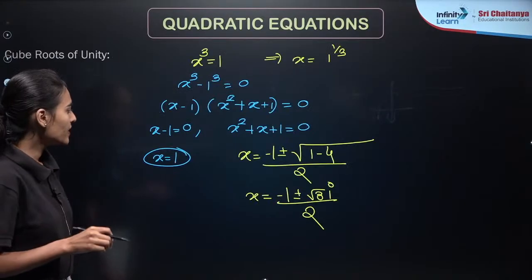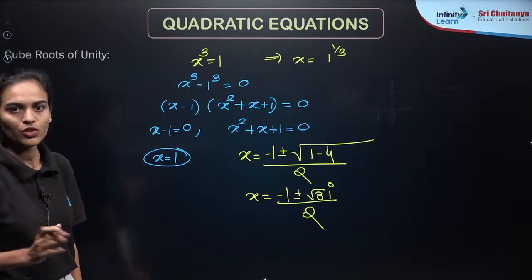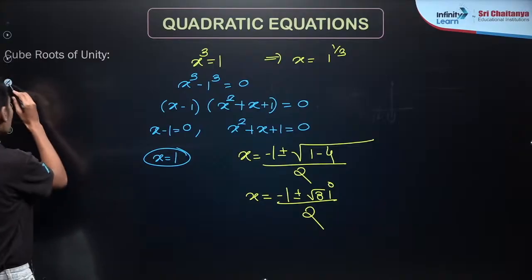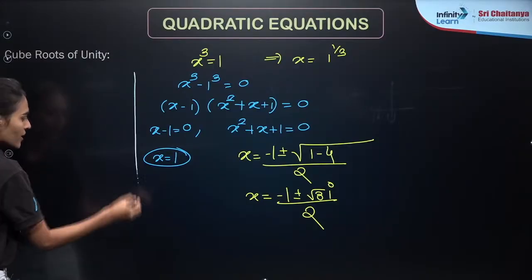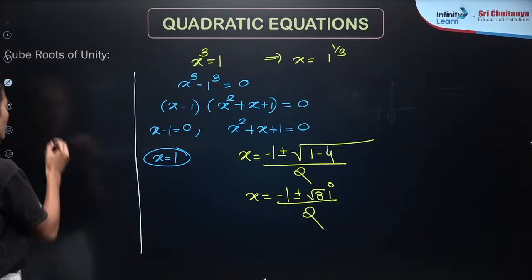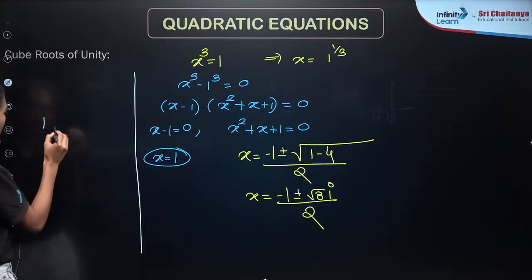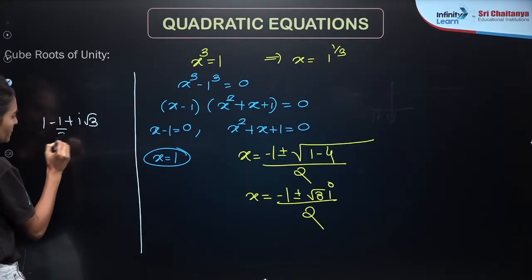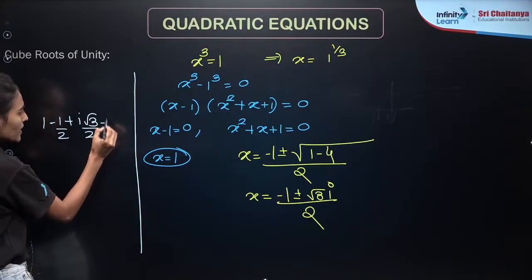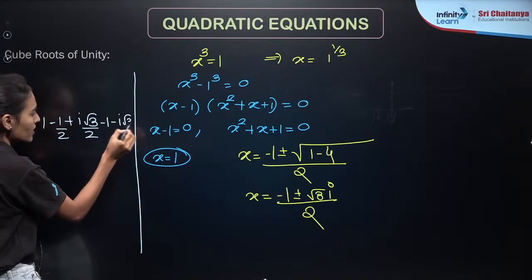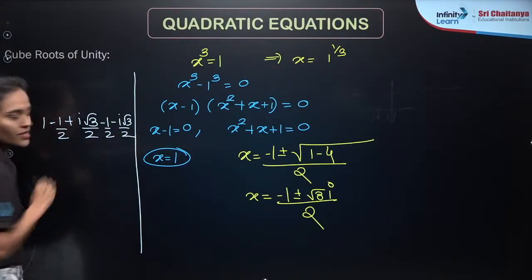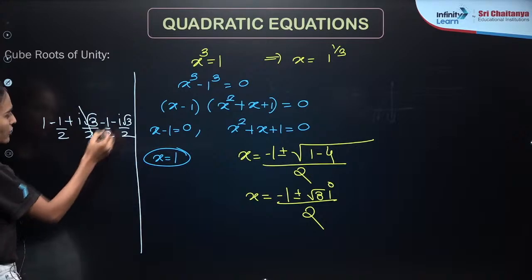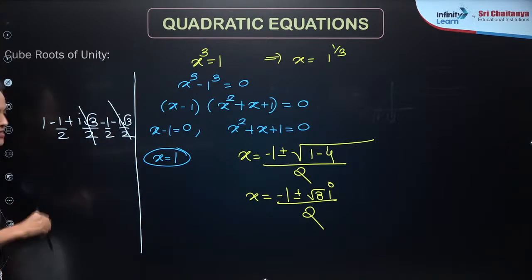There is one property: if you add these three roots, you will get the answer as 0. Let us add these roots. If you add every root, 1, next root is minus 1 plus i root 3 divided by 2, and next one is minus 1 minus i root 3 divided by 2. See, plus i root 3 by 2 and minus i root 3 by 2 get cancelled.